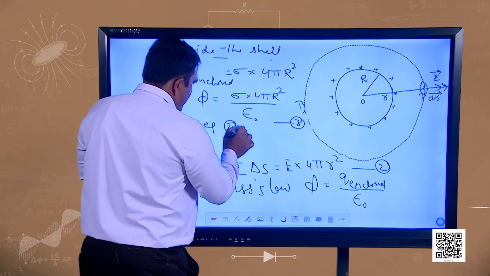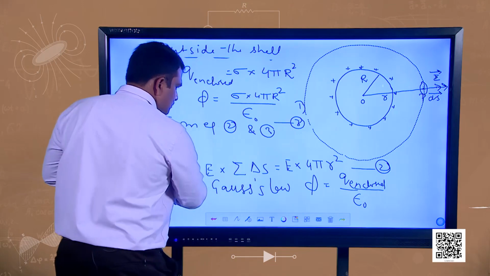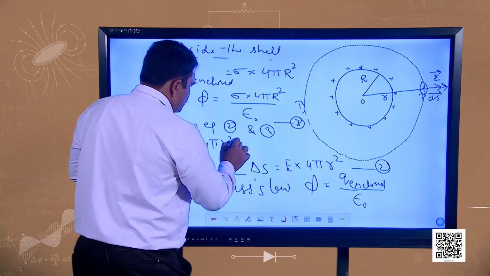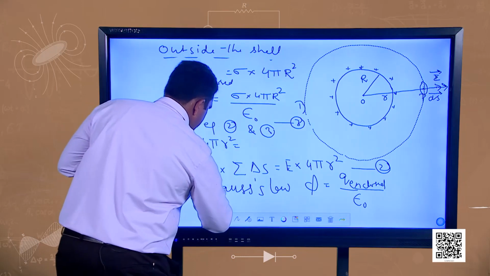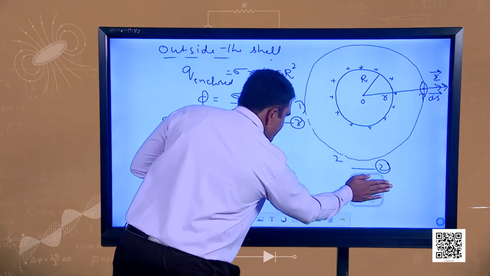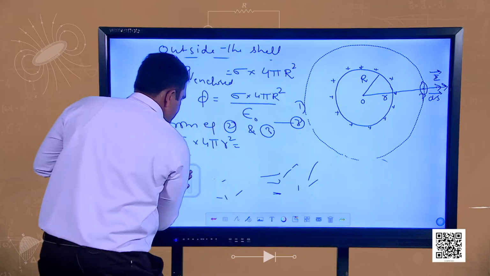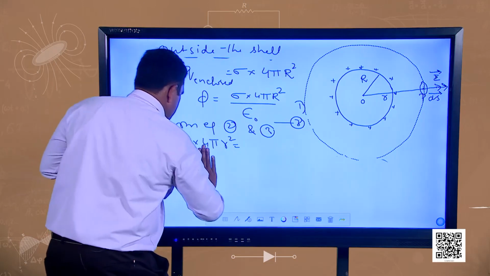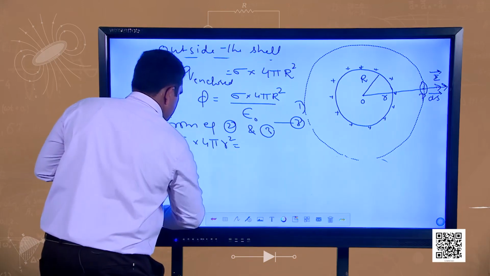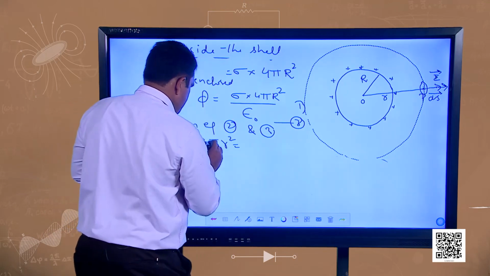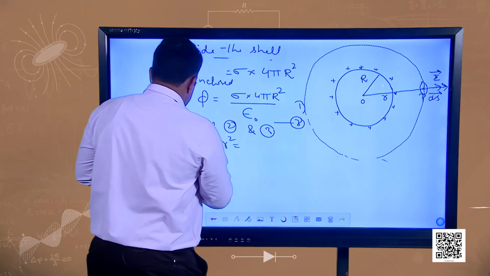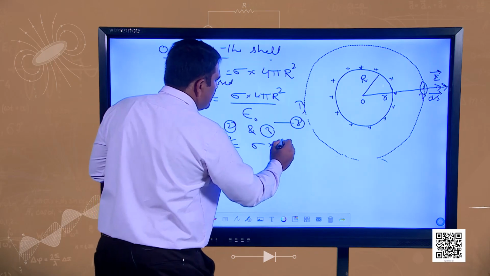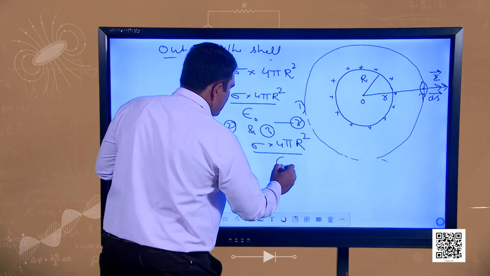from equation 2 and equation number 3, we can write E into 4 pi small r square is equal to sigma into 4 pi capital R square divided by epsilon naught.